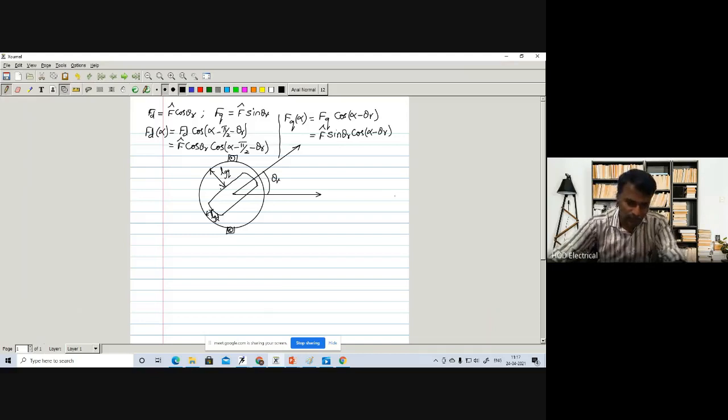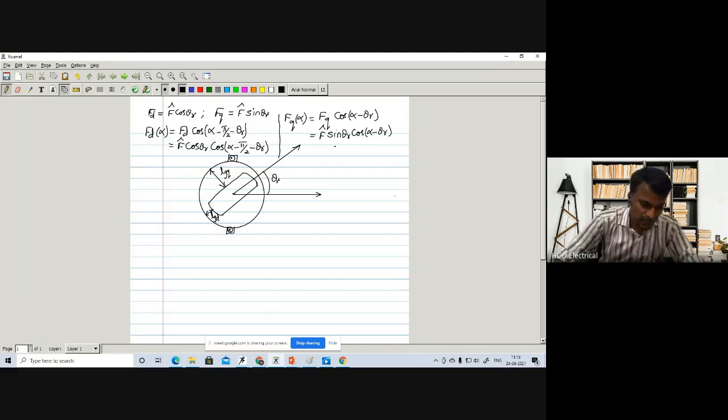Air gap length is more here, and less here. Accordingly, we have derived that along the direct axis, we have FD alpha, and along the quadrature axis, we have this flux linkage.